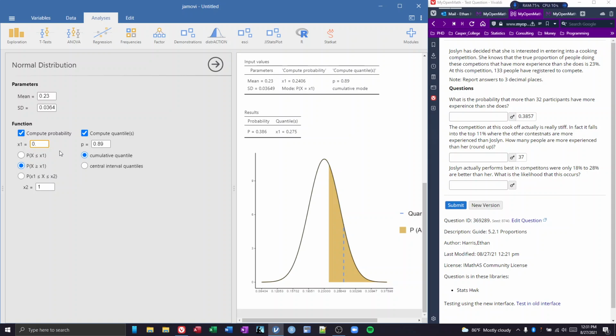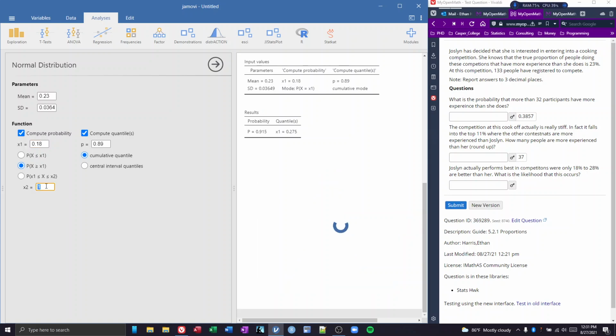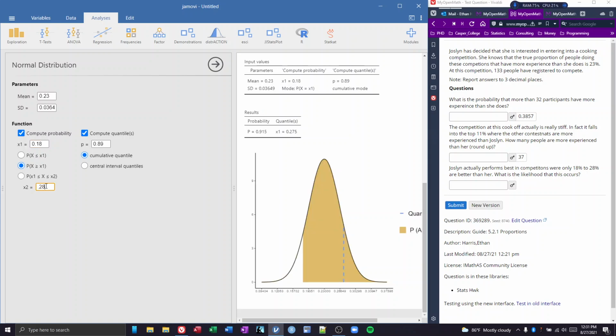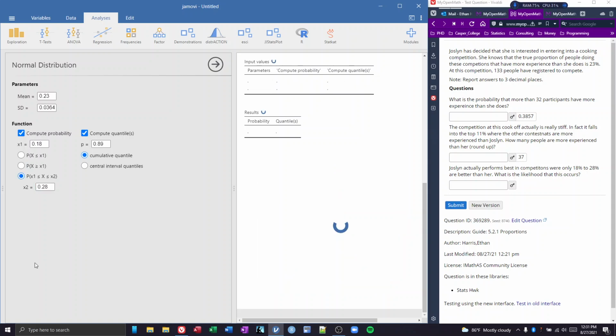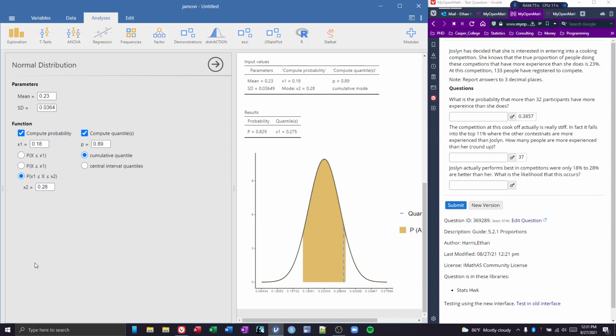If we type in 0.18 and go all the way to 0.28 and say between those two, the probability that this event is between 18% and 28% is 0.829, or roughly 83% of the time she would be in these competitions where she does her best.